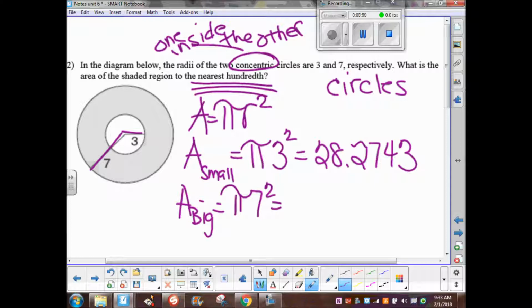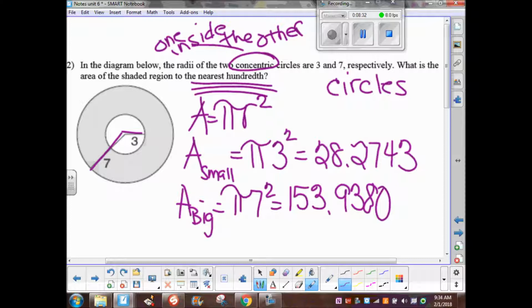So 7 squared, pi, enter, and it's 153.9380, right? 153.9380 is pretty good, 4 places. Now, let's find the area of the shaded region.